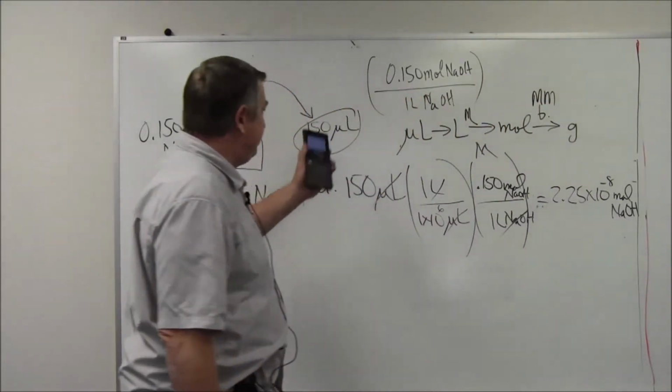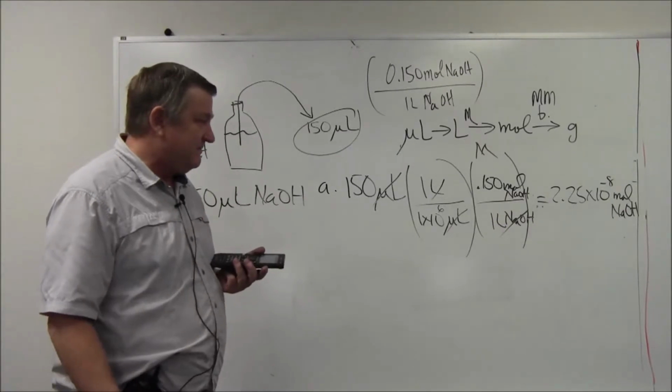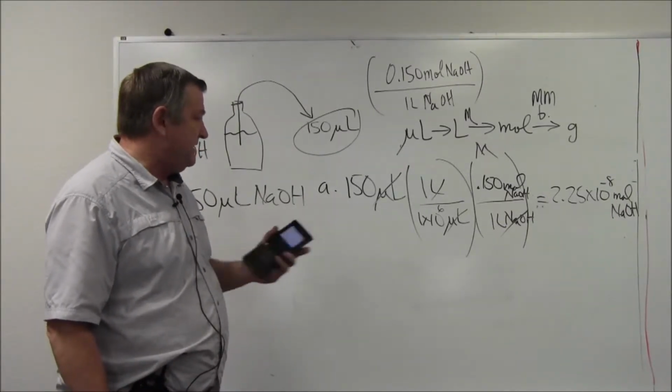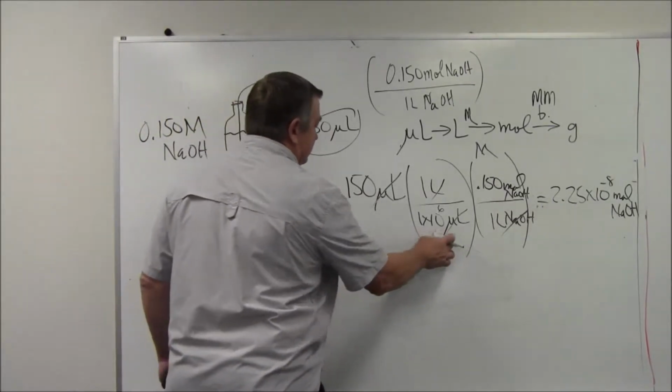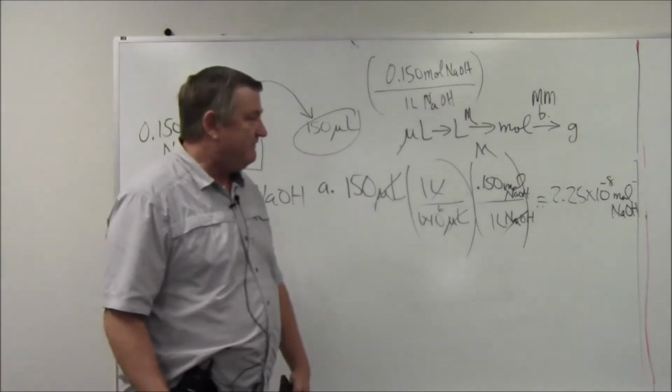That means in the 150 microliters we took out of that stock solution, there's 2.25 times 10 to the negative 8 moles of sodium hydroxide. And that makes sense. We're taking a number and dividing it by 1,000,000, and then multiplying by a small number, 0.15.